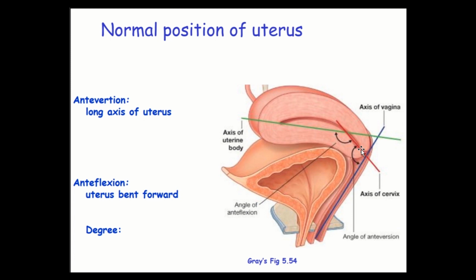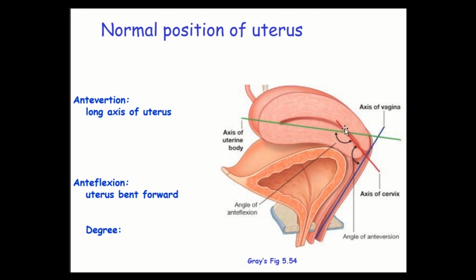In addition, usually the cervix is anteverted onto the vagina, right? If you look over here, we can see that the cervix of the uterus is bent forward relative to the vagina, so that the cervix basically projects into the anterior aspect of the upper vagina and not really into the superior aspect of it.